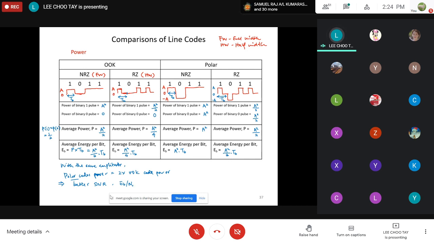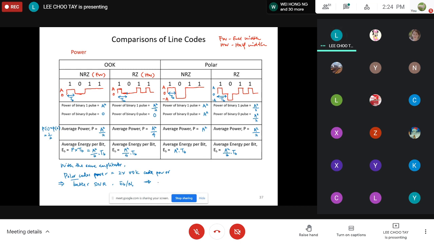Okay, and what does that mean then? Better SNR, better Eb over N naught. What does that mean? That means at the receiver, your signal power is going to be very much larger than your noise power, and therefore makes detection of your signal much easier.